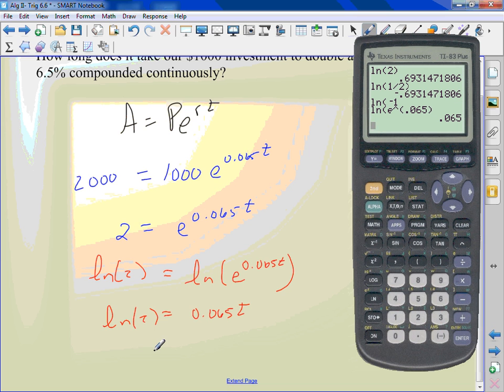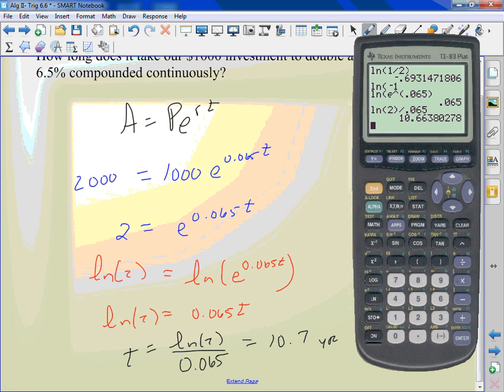Now I need to divide, so I have ln of 2 divided by 0.065. It takes about 10.7 years.